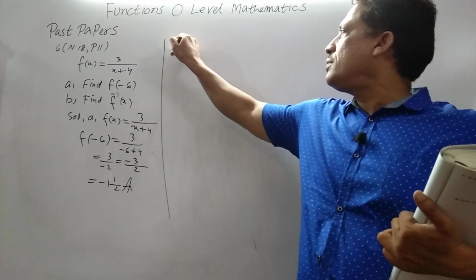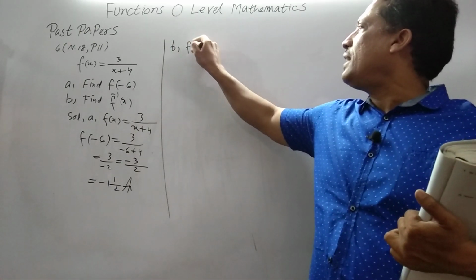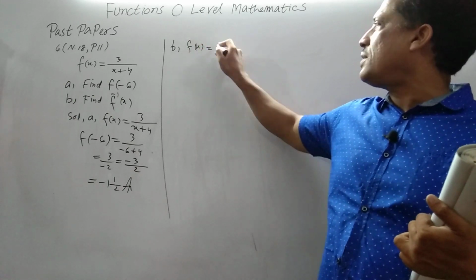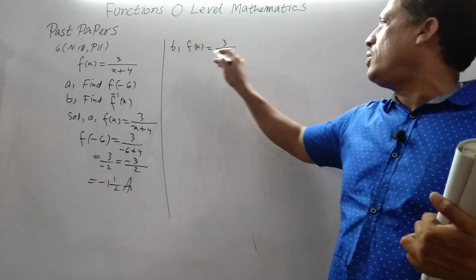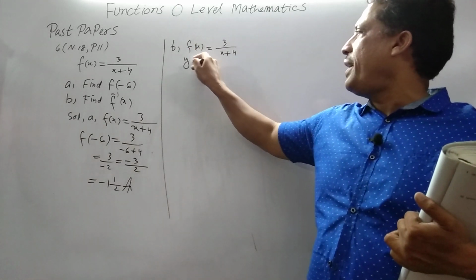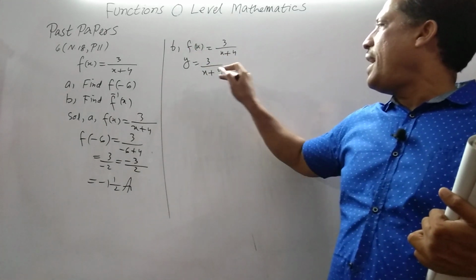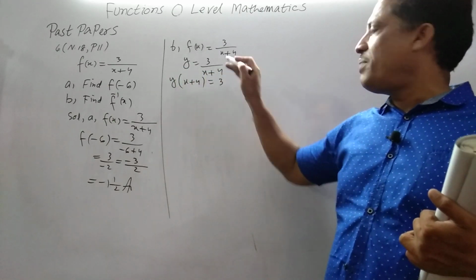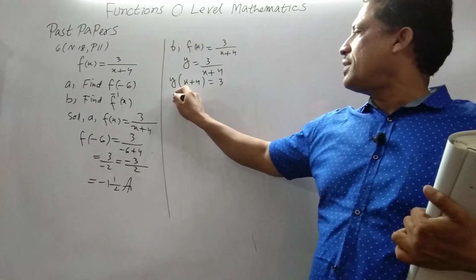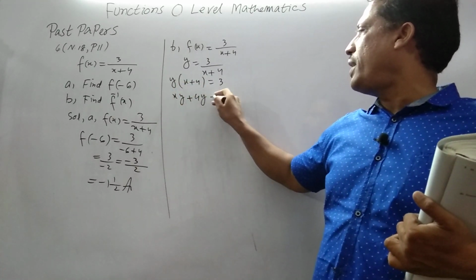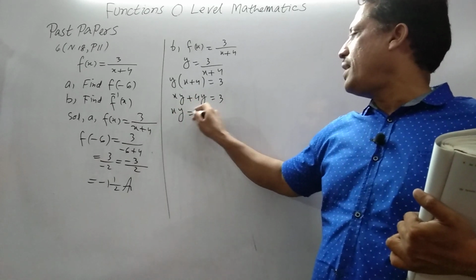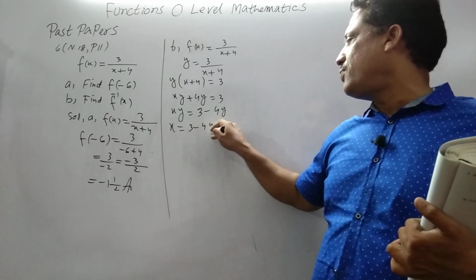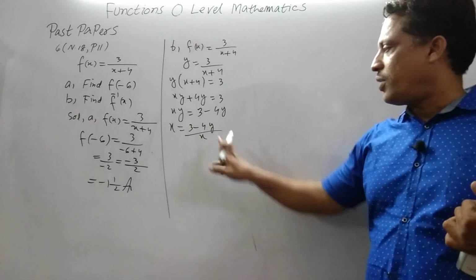The next part is part B. Given that f(x) is equal to 3 over x plus 4, replace f(x) by y, because we are going to find out f inverse x. Multiply this x plus 4 by y, because this is divide. y into x, xy, y into 4, 4y is equal to 3. xy is equal to 3 minus 4y. x is equal to 3 minus 4y upon y.